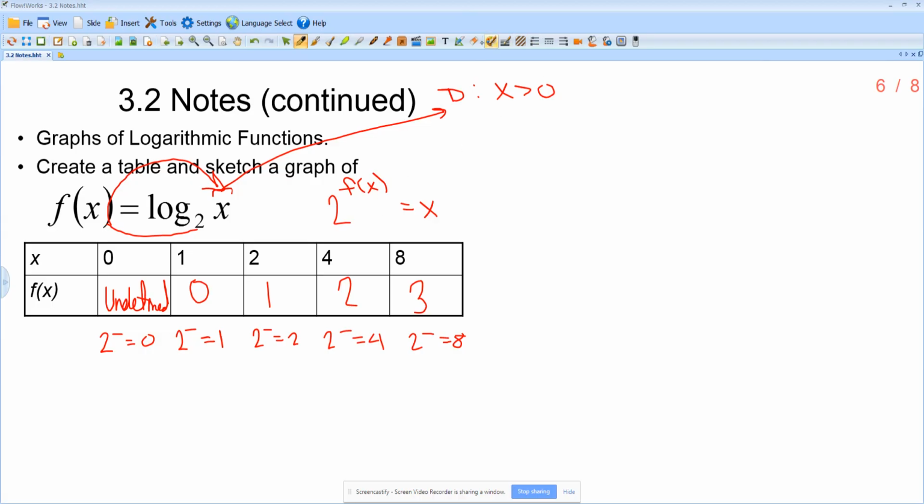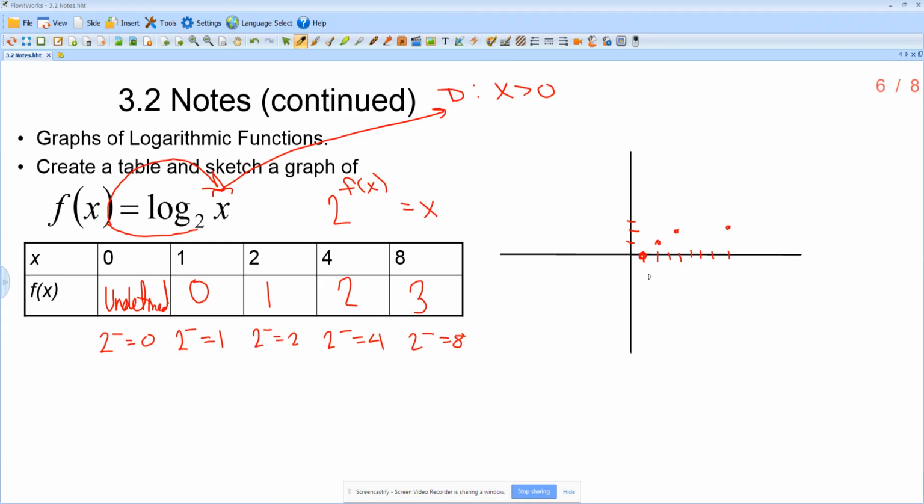So if I want to sketch a graph of this, I'm going to start with just the axes. If I'm plotting these points, I have x being 0 is undefined, x being 1, y is 0, x being 2, y is 1, x being 4, y is 2, x being 8, y is 3.